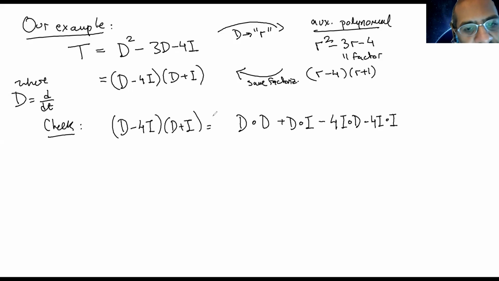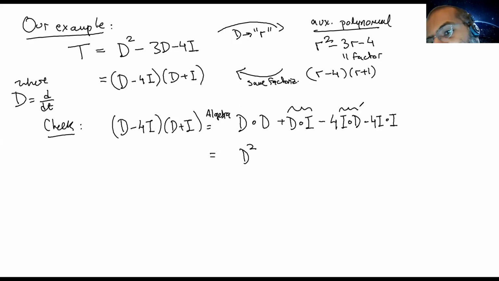If you go back to the previous page, if you go to the definition of what algebra for operators means, that's the definition. Well, what is that? This is D squared. Now here you have D of I and I of D. But there's something special here. In general, AB is not BA, right?